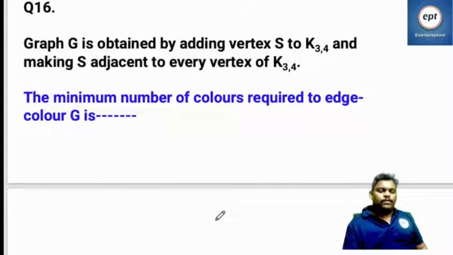Problem number 16. Graph G is obtained by adding vertex S to K34, making S adjacent to every vertex of K34. The minimum number of colors required to edge color G is.